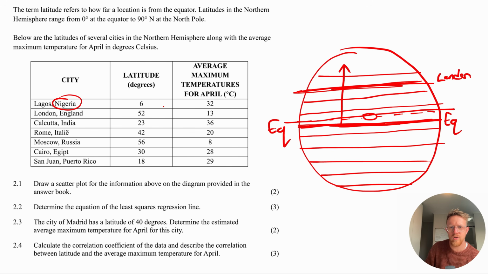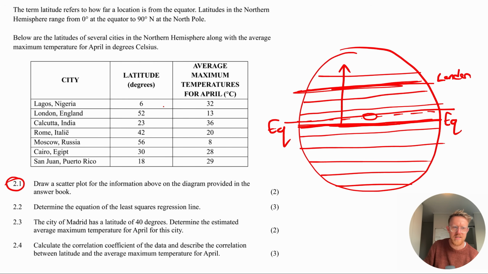If you go to, for example, Russia, which is very far from the equator, the temperature is very low at like 8 degrees. Places like London, also very far away from the equator, are much lower in temperature. So typically, the closer you are to the equator, the higher the temperature. That's the basics of what they're showing us here.